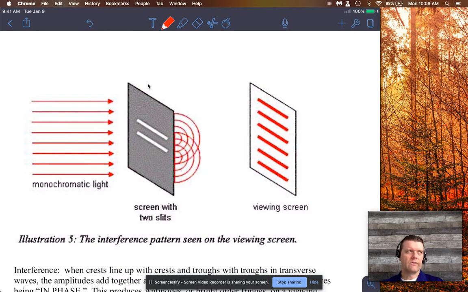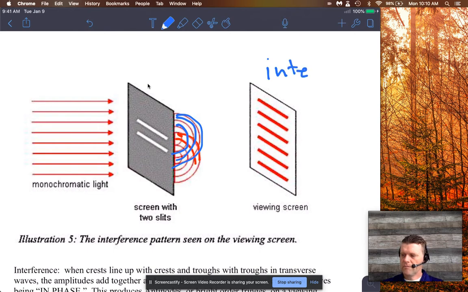So you'll get circular wave fronts emanating outwards from those two points, and we get what we've seen in Physics 20 as a classic two-source interference pattern, where the crests from one source are lining up with the crests from another. You have crests with crests and troughs with troughs producing an interference pattern on the viewing screen.